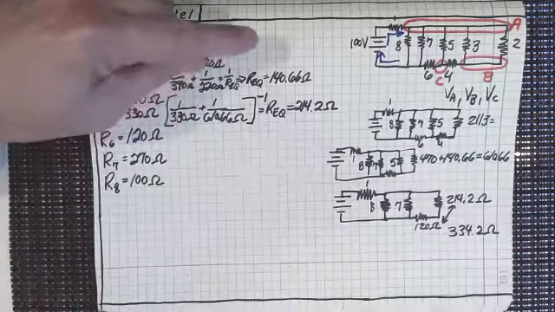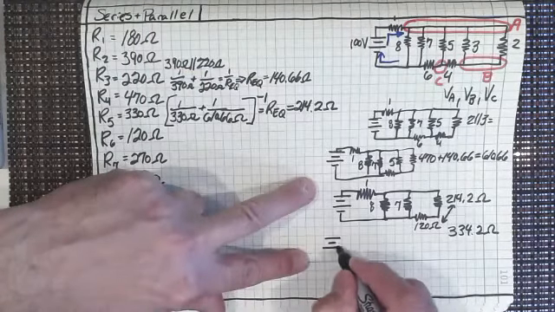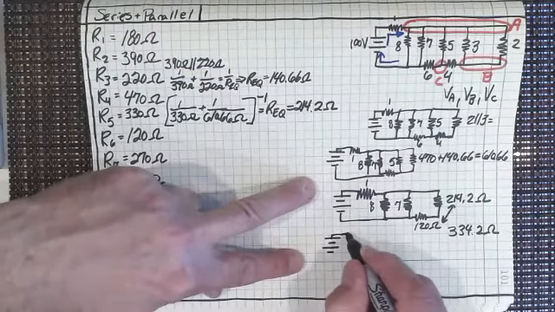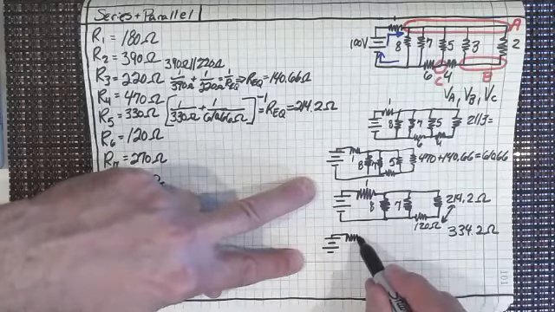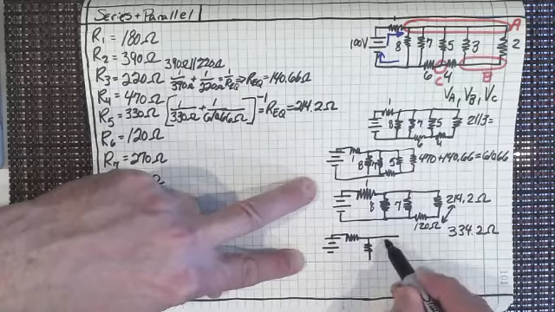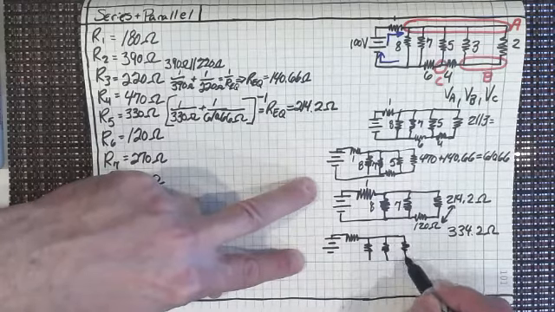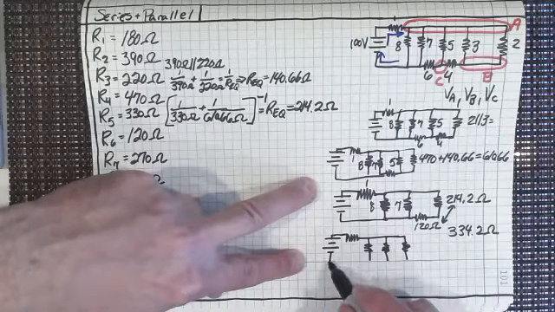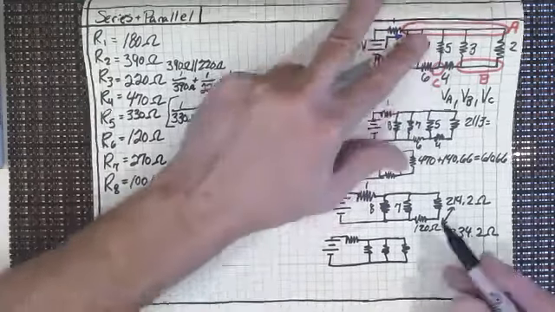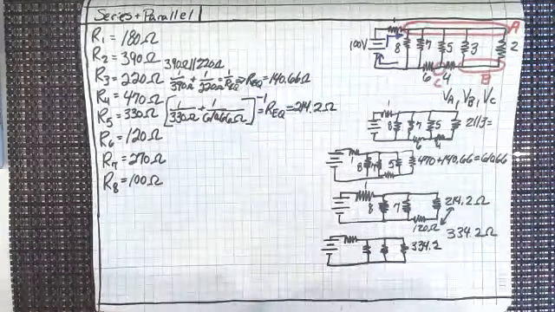So let's redraw that again. So now we've got our 100, we've still got number 1, but now we've got 3 that are in parallel. Right? Does everybody see that? And this one here is 334.2 ohms.